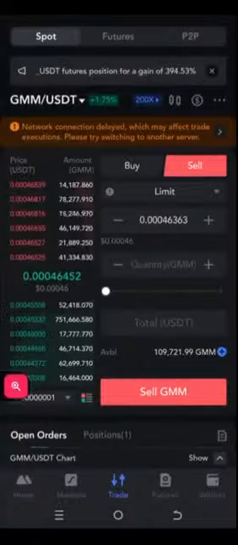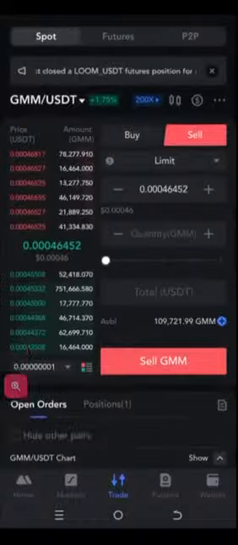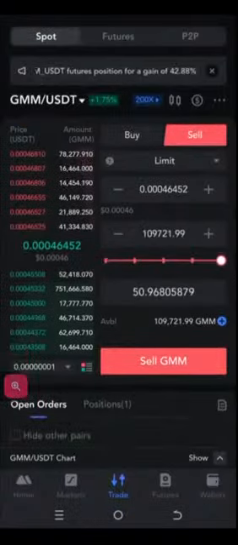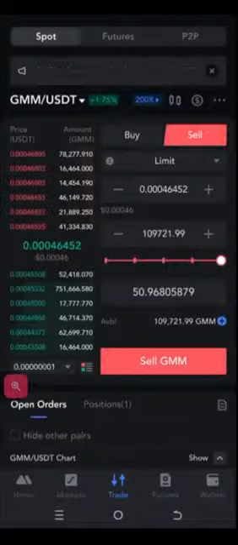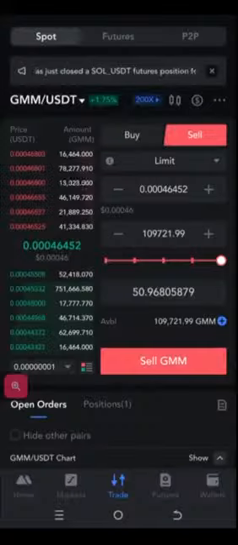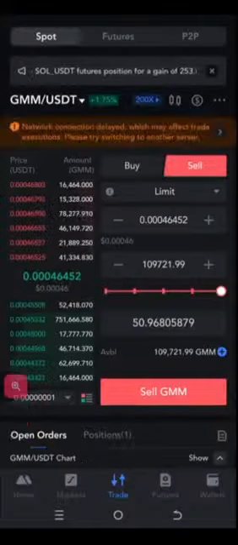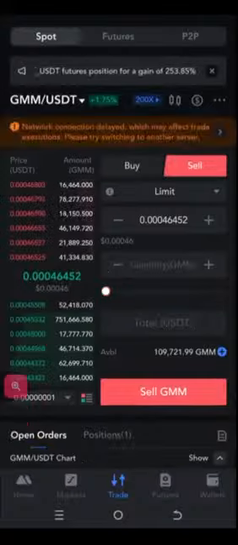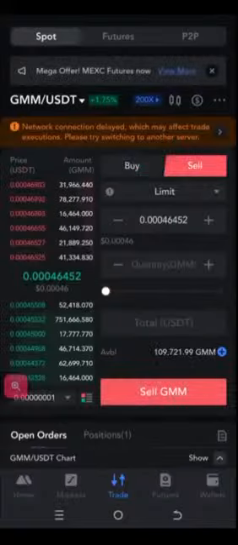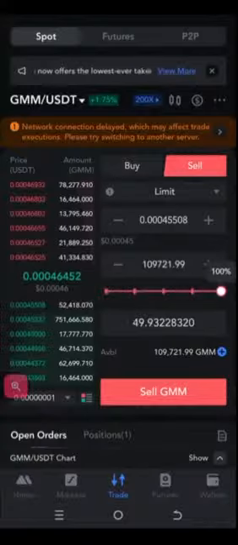But let's quickly see if we just want to sell outright. What is that going to give us? Okay, let's put the entire 100%. This is 50.96. So if I click on sell, that's going to put me in the queue. But if I pick a cheaper price, what's that going to give me?